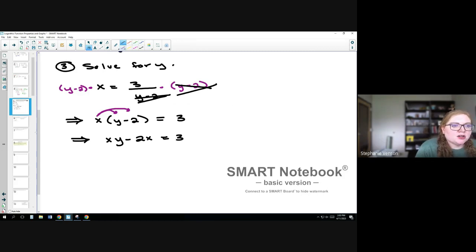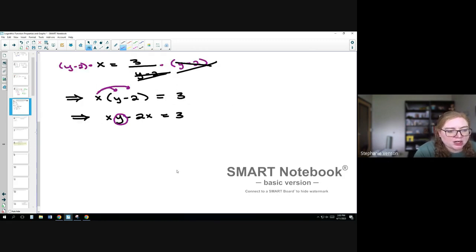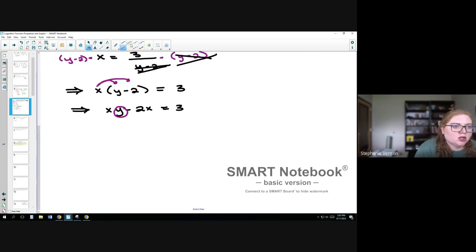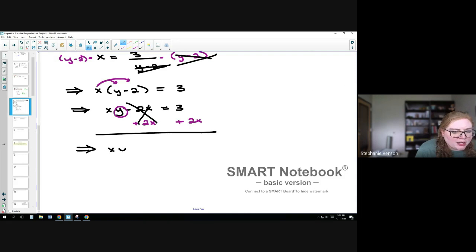So I stop here and I remind myself that y is what I'm trying to solve for. So I only have one term with y in it, so I need to try to isolate that term. So I'm going to do that by adding 2x to both sides. Okay. So I get xy equals 2x plus 3.